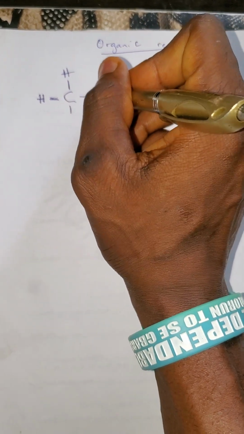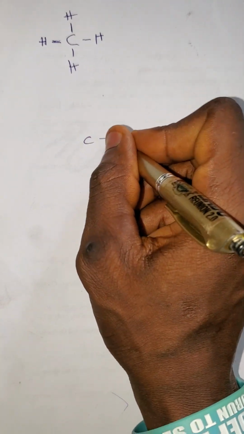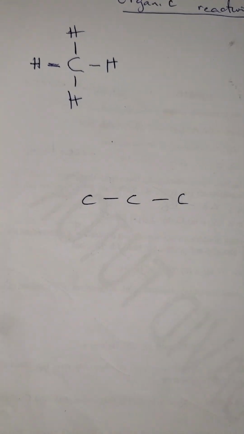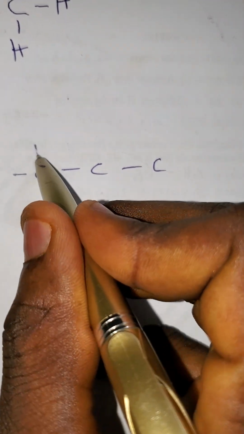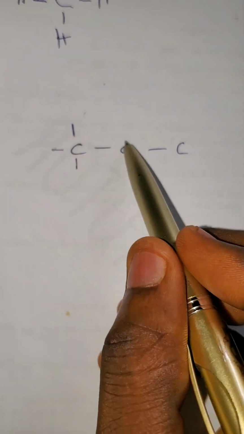Majorly we have hydrogen, but not only hydrogen, any other atoms. If you see this, let's examine it. It's obvious that this carbon here must have a bond here, 1 and 1, making this carbon 1, 2, 3, 4.